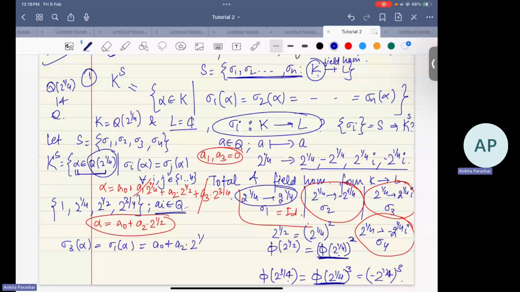And that we saw this set was like this. Once again, this was a set of possibilities where 2 power 1 by 4 can go. But in this case, we cannot go beyond this field. We have to keep the images inside this. So what among these four are allowed for mapping 2 power 1 by 4 under any homomorphism?